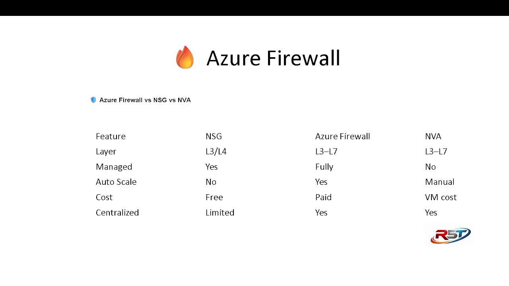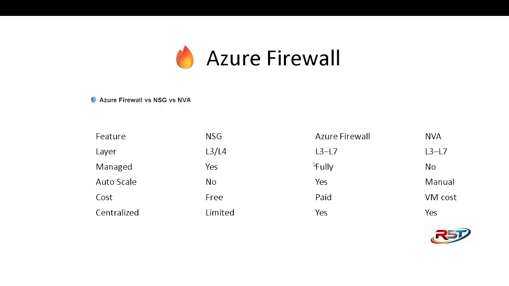Azure Firewall versus network security group versus network virtual appliance. What are the differences? Feature: layer. Layer-wise, NSG supports layer 3 and layer 4.